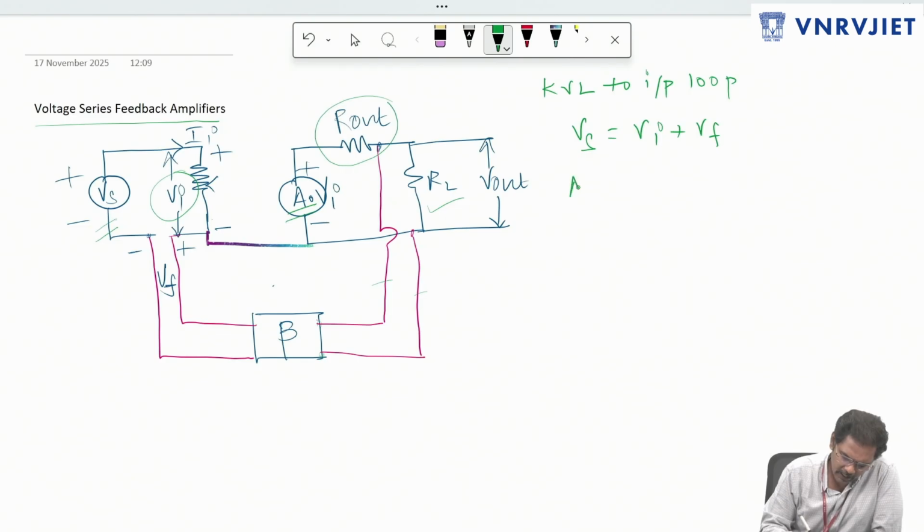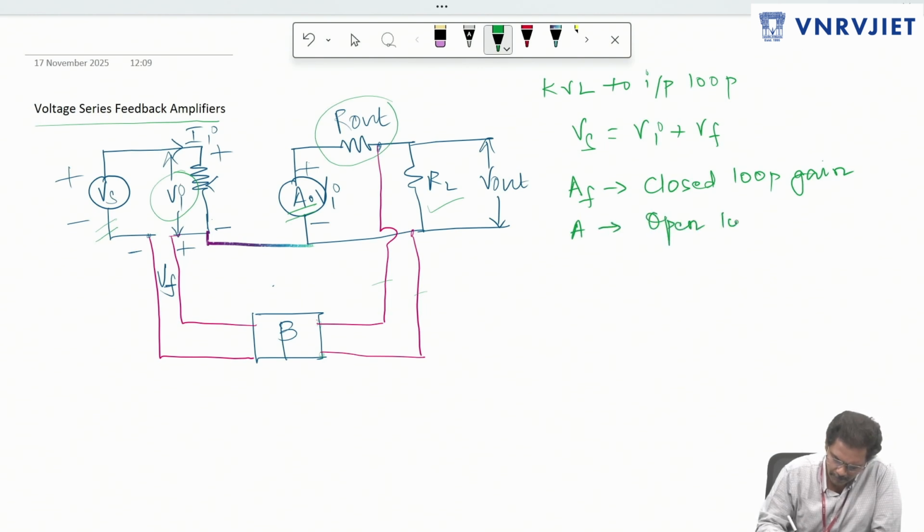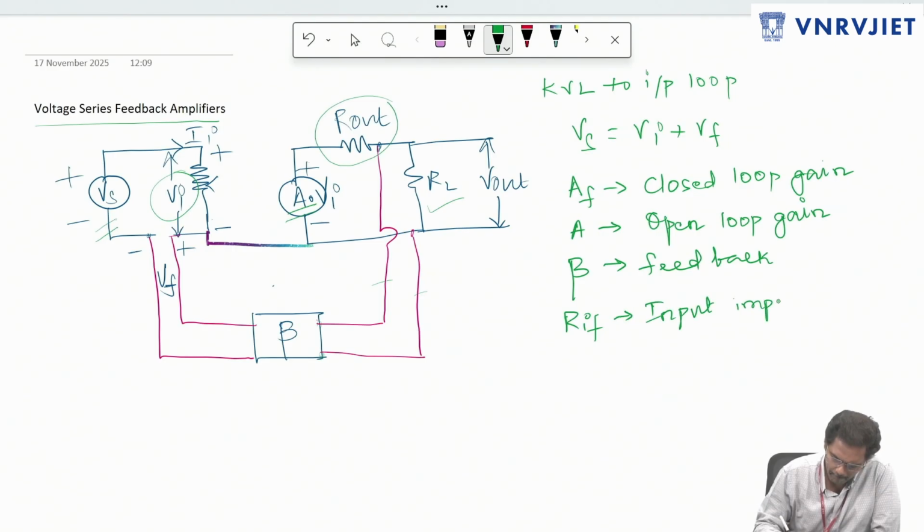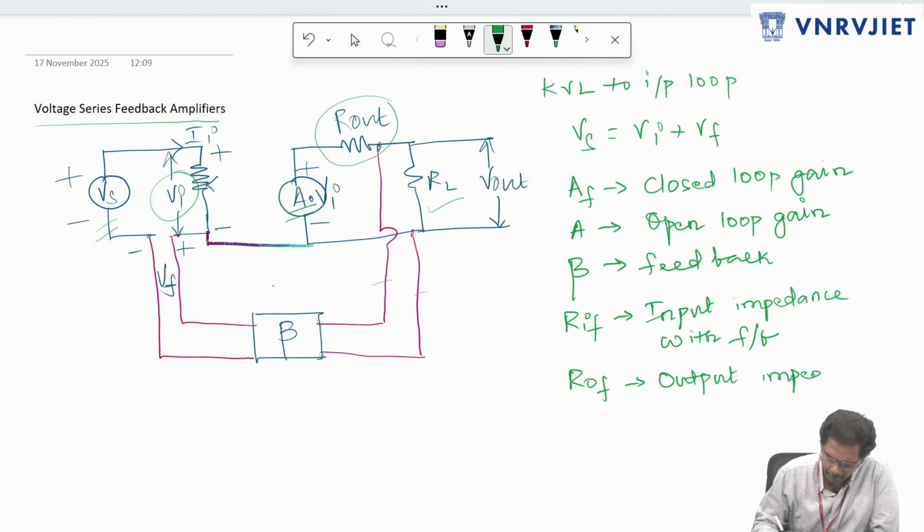Let me say AF is the closed loop gain, A is the open loop gain, beta is the feedback, RIF is the input impedance with feedback, and ROF is the output impedance with feedback.